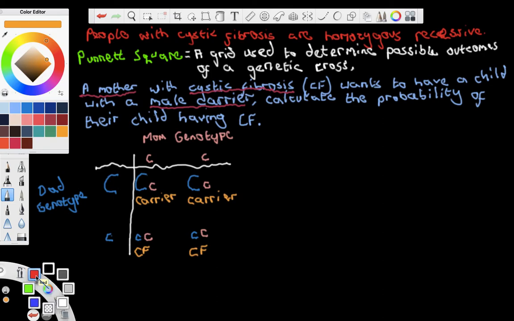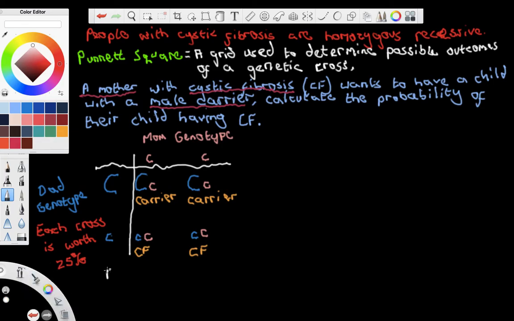So each cross is worth 25%. I'm going to put in red because it's important. Each cross is worth 25%. Okay? So this couple have a 50-50 chance of having a child that is a carrier or a child with cystic fibrosis.